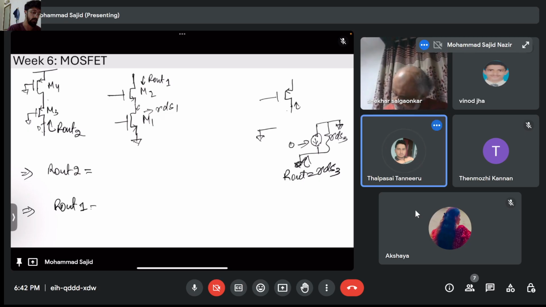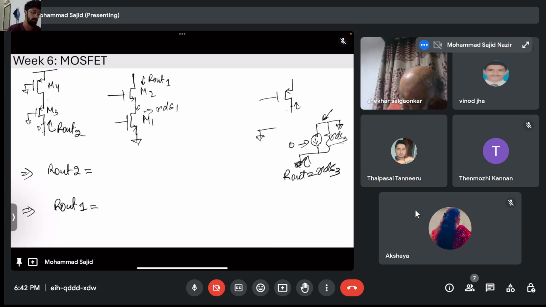Sir, RDS2. R out 2 is made of M3 and M4. Sir, RDS3, while you are taking without considering source resistance. No, no, RDS3. I'm just saying this for example, if you want to check for a single transistor.